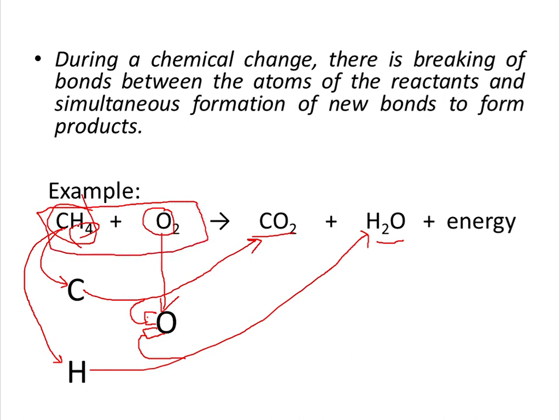The bond between carbon and hydrogen breaks, and we get individual carbon and hydrogen atoms, and the bond between oxygen molecules breaks, and we get individual oxygen atoms. And new bonds are formed between carbon and oxygen to give rise to carbon dioxide, and new bonds are formed between hydrogen and oxygen to form water molecules, right? Now we have completed chemical reactions also.